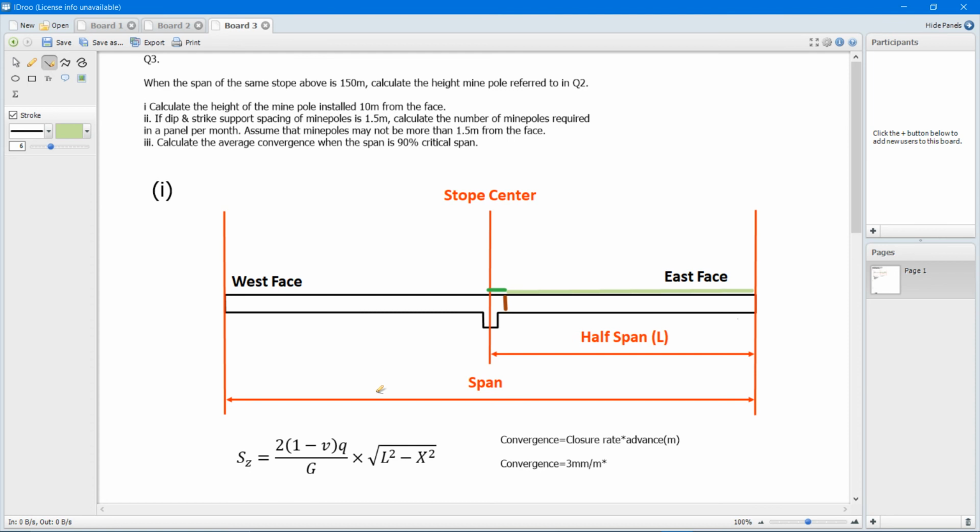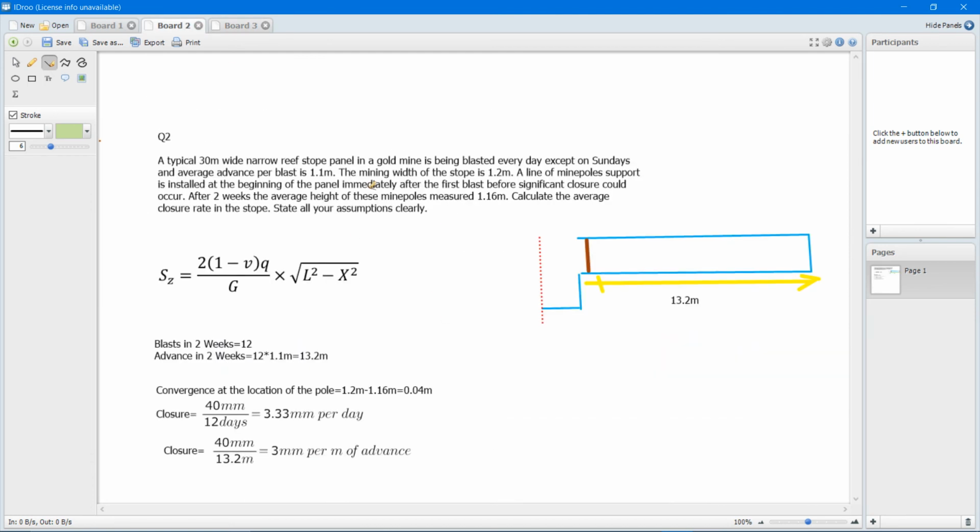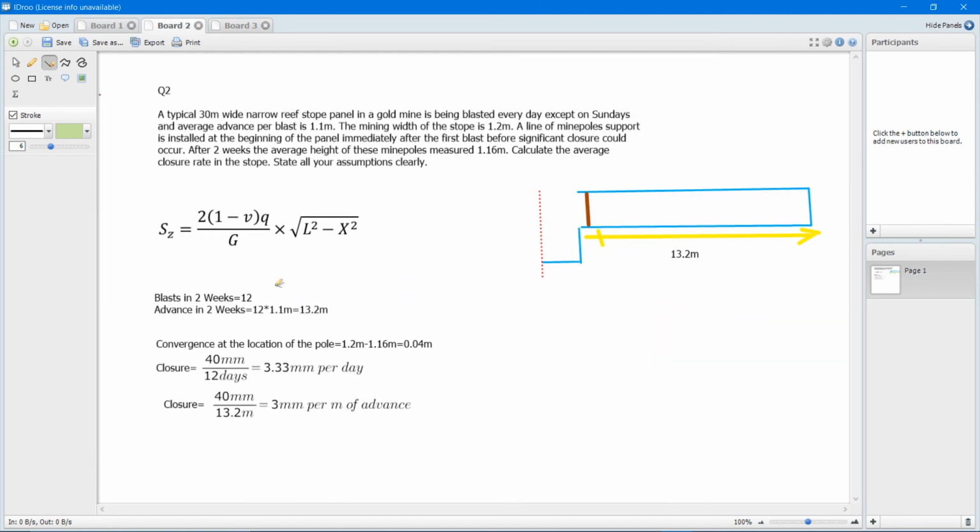So you could do that, or you could go back to your question, look at how much advance had happened, and how much convergence had happened by the time you had an advance of 13.2 meters. You had a convergence of 0.04.